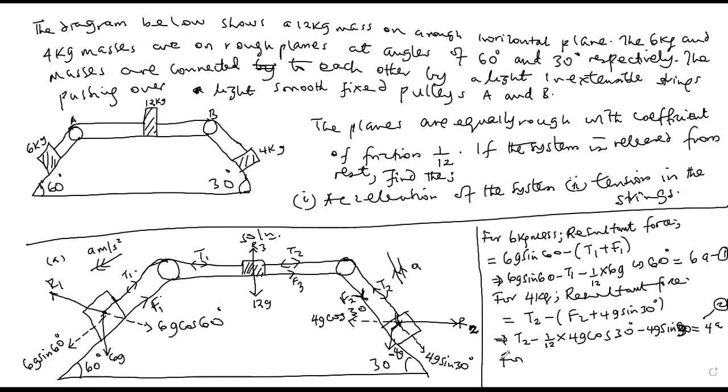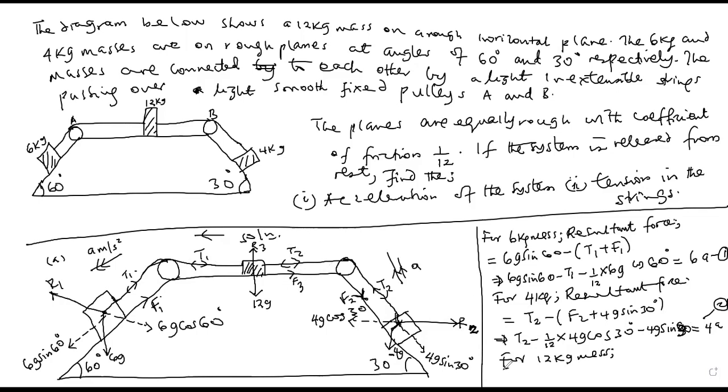Then for the 12 kilogram mass, since the body is accelerating this side, it means that T1 is overcoming T2 and F3.